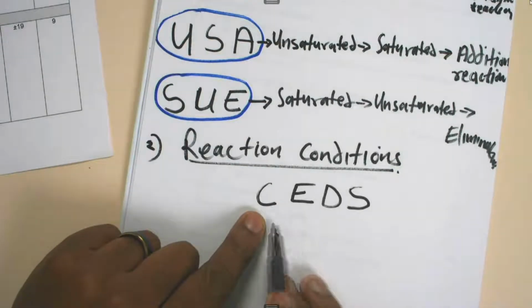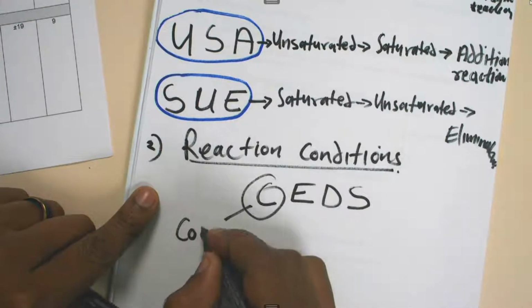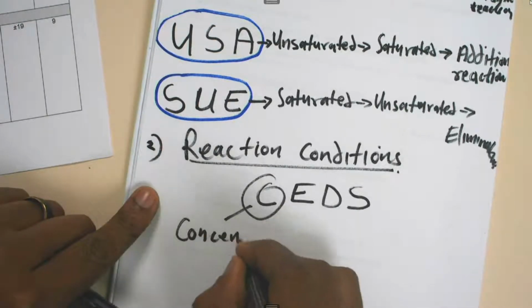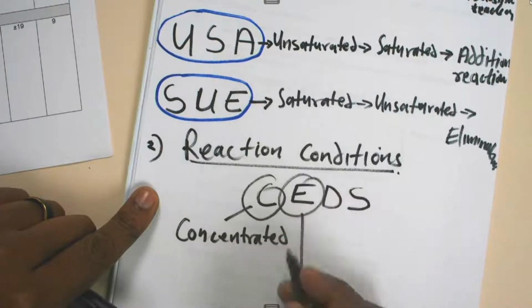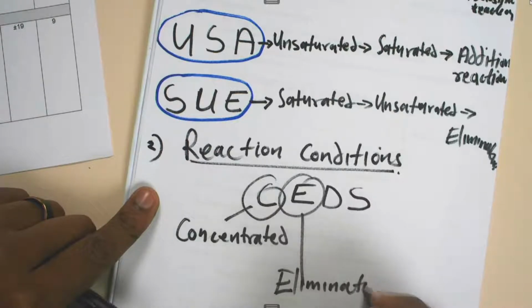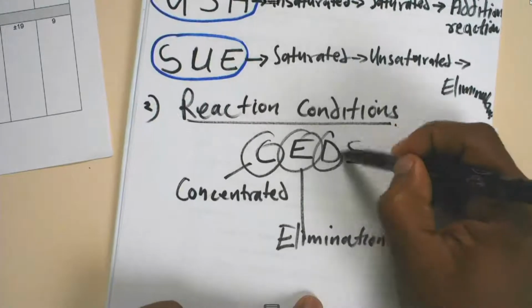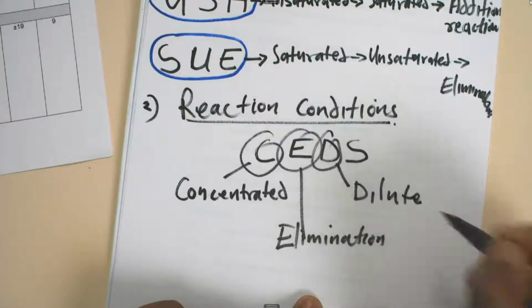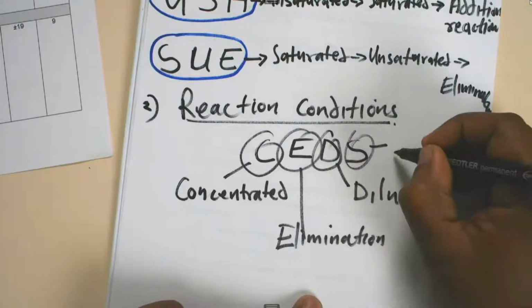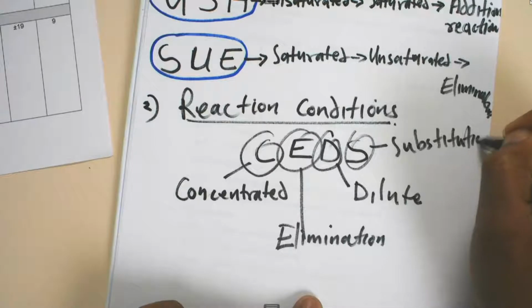But what does this say to me? It says if I am talking of concentrated, then that reaction must be elimination. If I am talking about dilute, that reaction must be substitution.